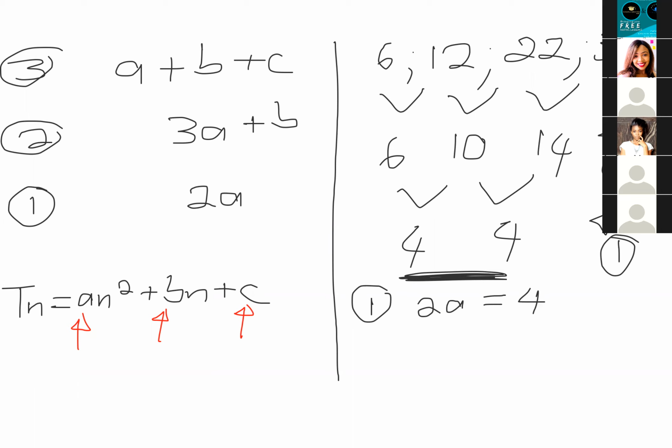And then I go to 2. And then I'm going to say 3a plus b is equal to 6. Do you see where I am? Yes, ma'am. And then I'm going to say number 3. A plus B plus C is equal to 6.